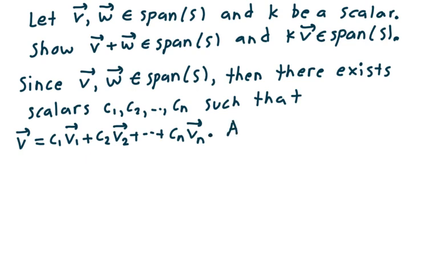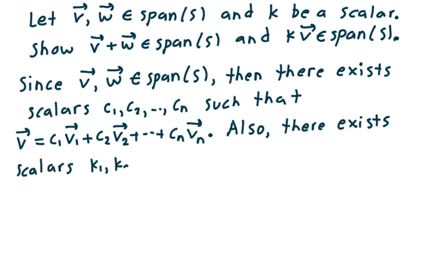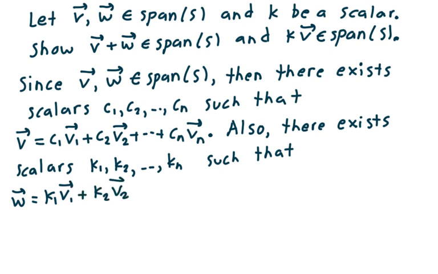Also, there exists scalars K1 through Kn such that I can say W is equal to K1V1 plus K2V2 all the way through until KnVn.